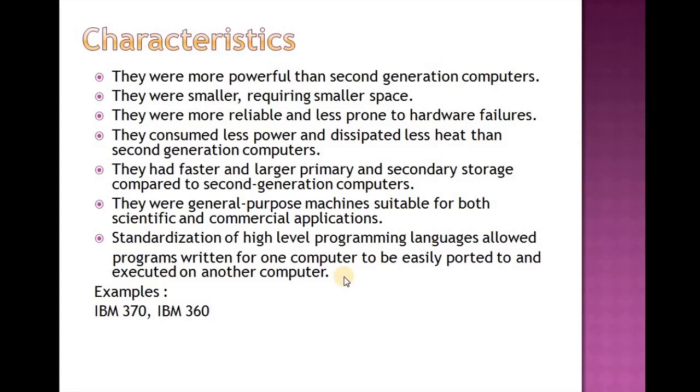And also we used the time sharing operating system, which allowed interactive usage, so we could easily interact with the computer and manage things. And multitasking was also implemented in this generation. So these are some important characteristics of third generation computers.